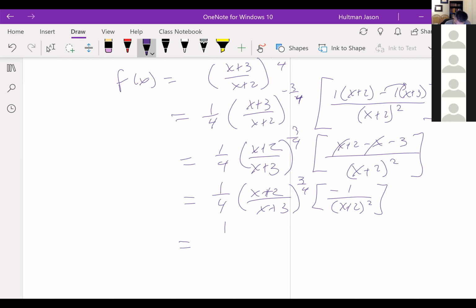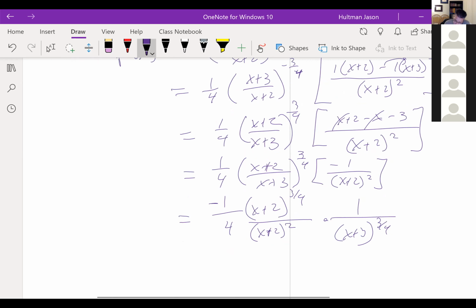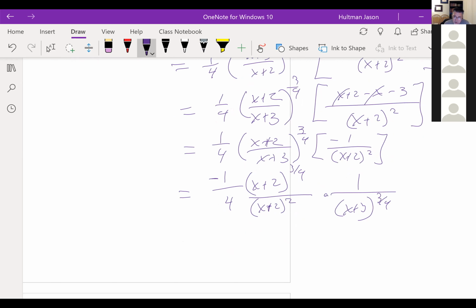Let's do 1/4 x plus 2 to the 3/4 on the top. This is going to be a negative, because that negative 1 I'm just going to pull over. And then this is x plus 2 squared times 1 over x plus 3 to the 3/4 power. Now, there's a reason I did this, because now I can subtract the exponents for x plus 2.